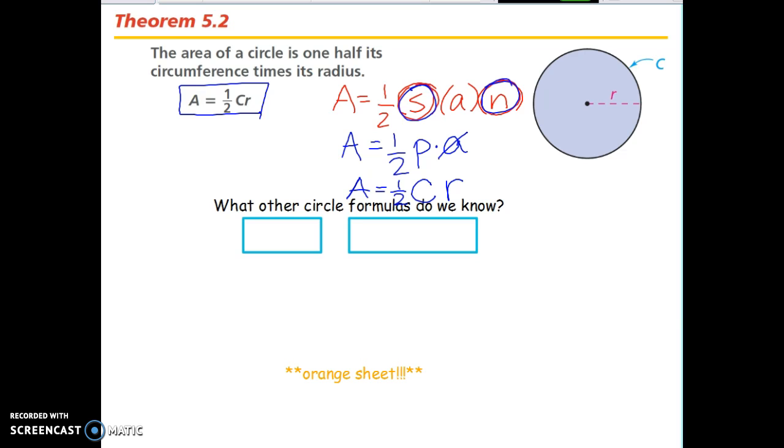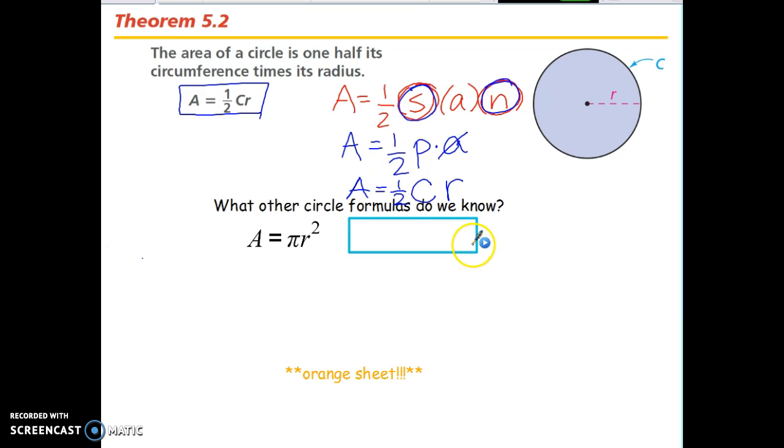But most of us also learn that there's another formula for the area of a circle, and I'm just going to show it to you today so that we can compare and contrast answers when we use this formula versus this formula here. The one that we have probably learned more frequently is A equals pi r squared.